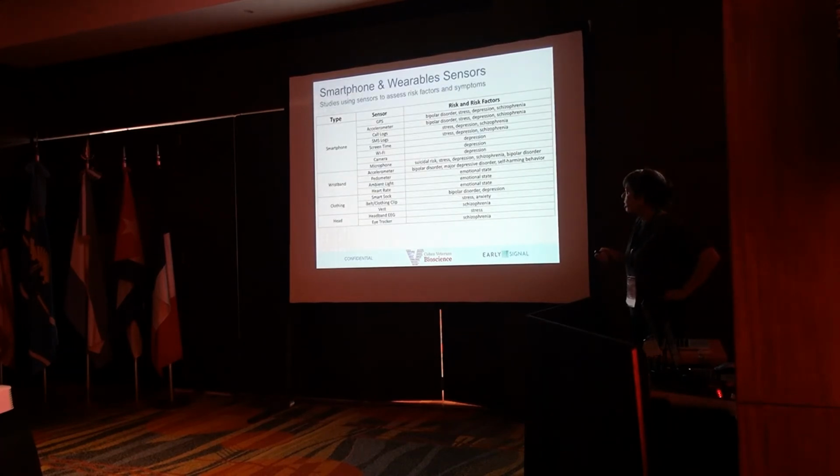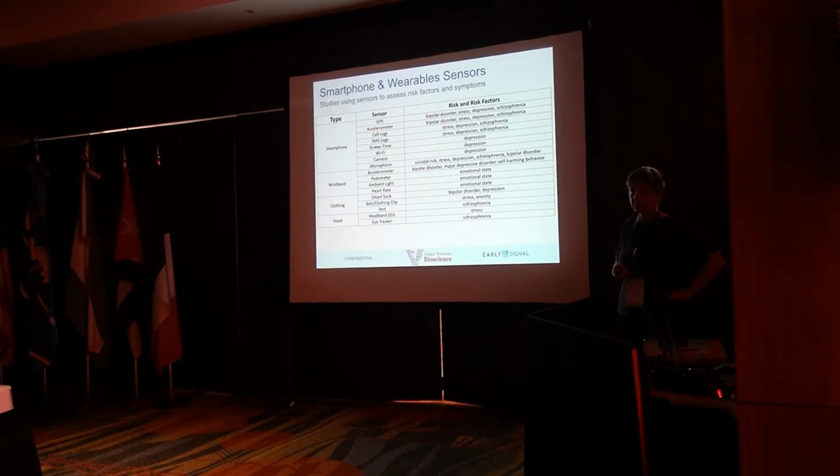We know that based on some of the sensors, you can look for signals of bipolar stress, depression, schizophrenia, etc. So the evidence is out there that you can use these for good things.